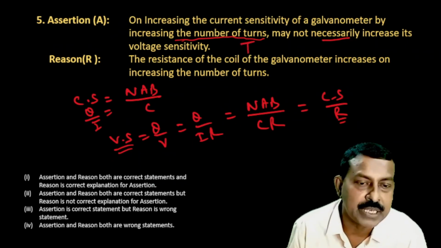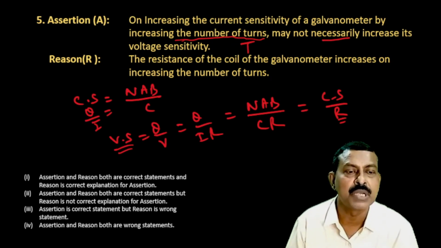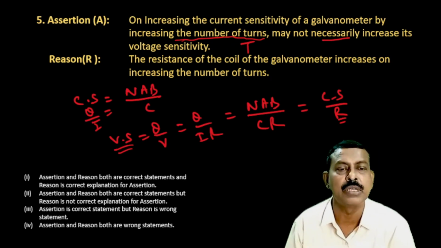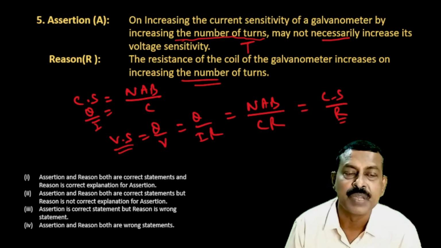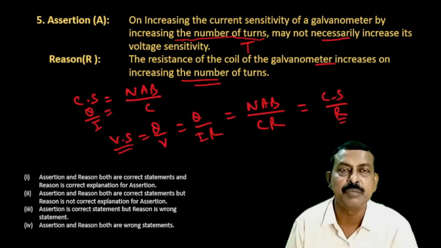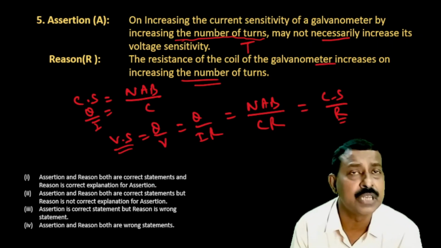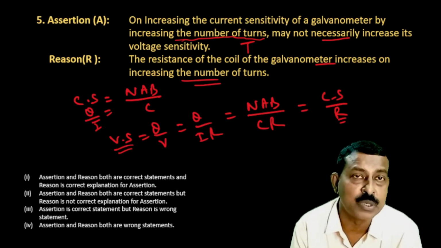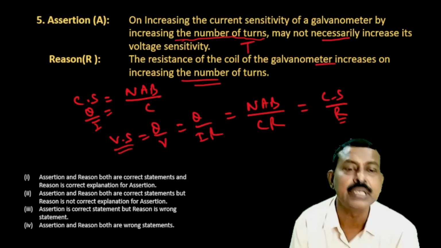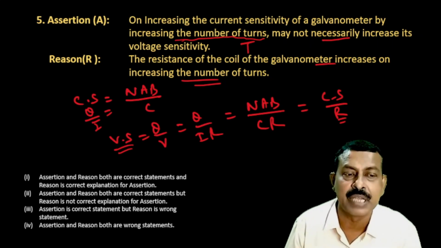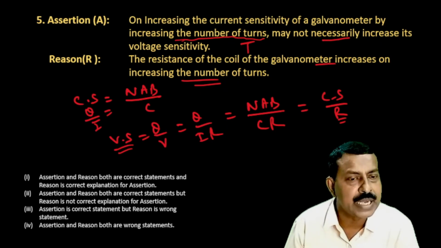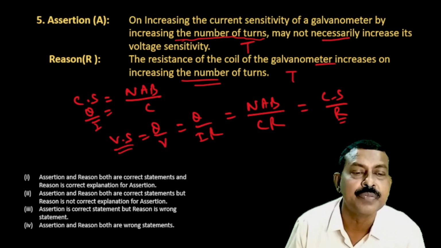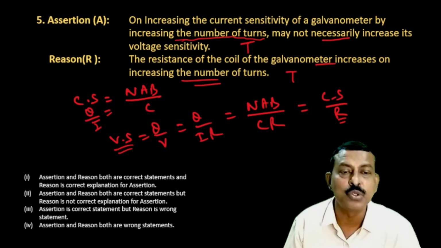The second one is that resistance of the coil of the galvanometer increases on increasing the number of turns. So this is also a correct statement. If you are increasing the number of turns, then the resistance of the wire of the coil will also increase. And if that one is increasing, definitely the resistance of the galvanometer will also increase. So in that case, this is also true. So now again, just go through the statement.